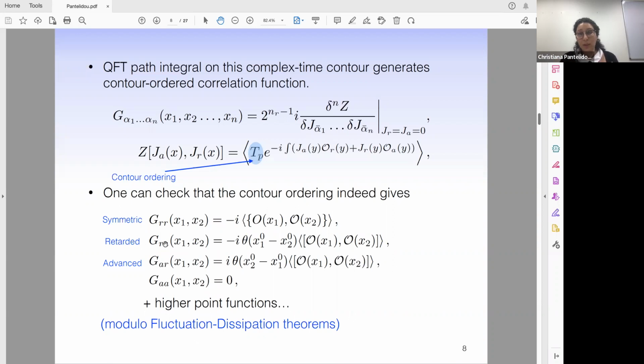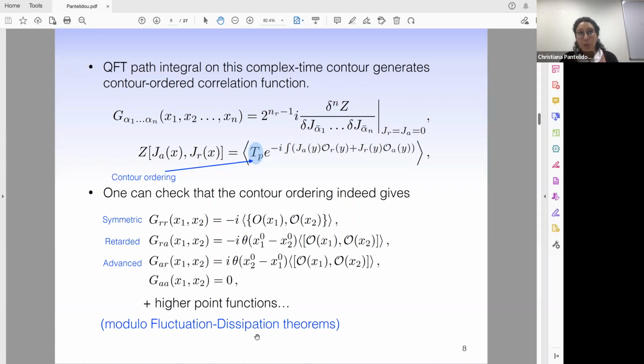Now, if instead of varying this partition function twice, we vary it 3 times, we'll get a 3x3 matrix of 3-point functions. So that matrix will have 9 components, but of course, out of all those 9 components, not all of them are independent. And if we take into account the fluctuation dissipation theorem, there are only 3 independent ones.